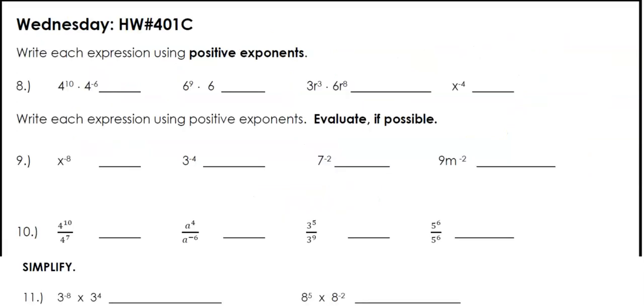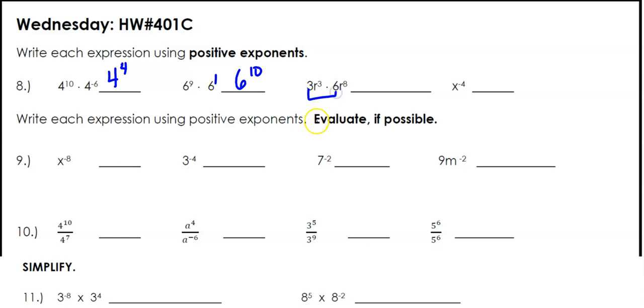Alright, let's check some of our exponent rules here. When you multiply like bases, you keep the base the same, and you add the powers. It says to write using exponents, so we leave it as a power. Now don't forget in this second one here that second 6 has an invisible 1 power. So keep the base, add the powers.